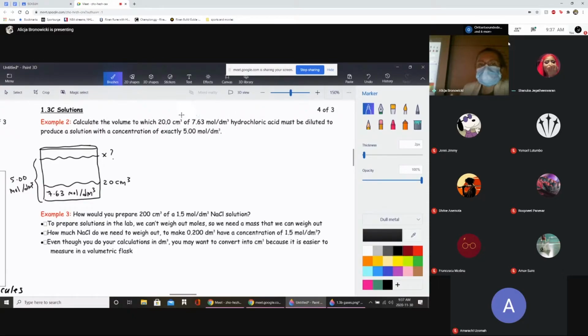So we use our formula. 20.0 cm^3, 1, 2, 3, equals 0.0200 dm^3. So C1V1 equals C2V2.